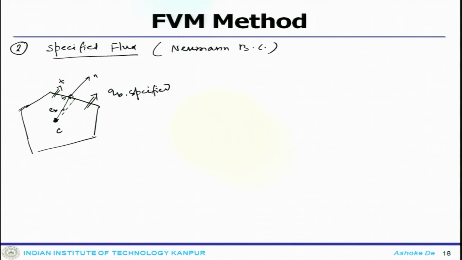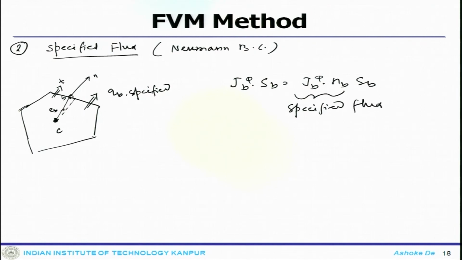Once you do that, your JB phi dot SB would be JB phi dot NB SB. So, this is your specified flux, which is nothing but QB specified SB.